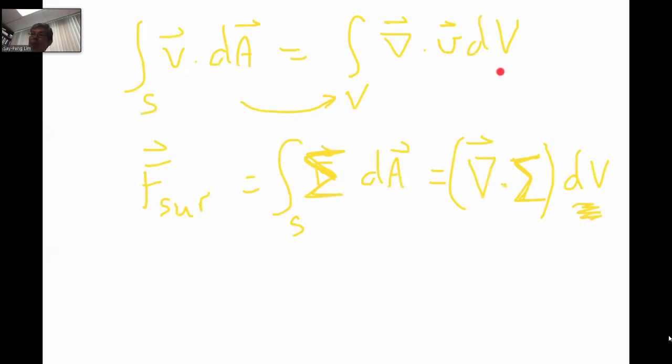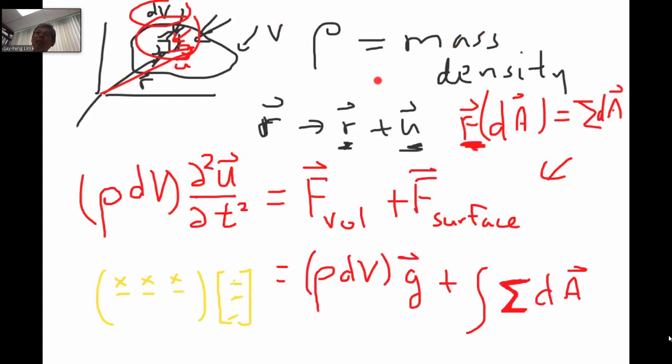This is a variable of integration. When you apply the divergence theorem, this V is actually dV.